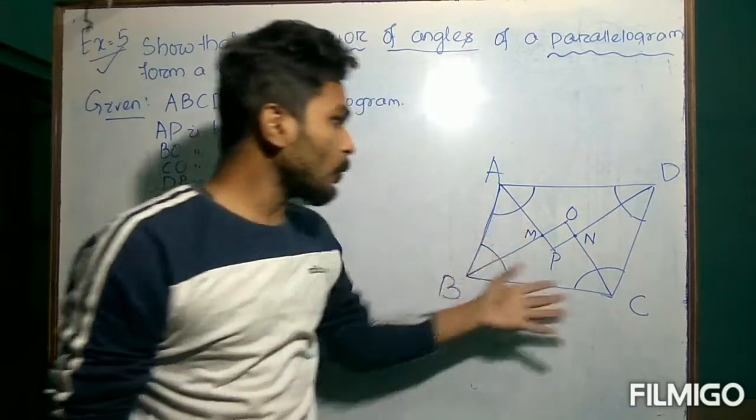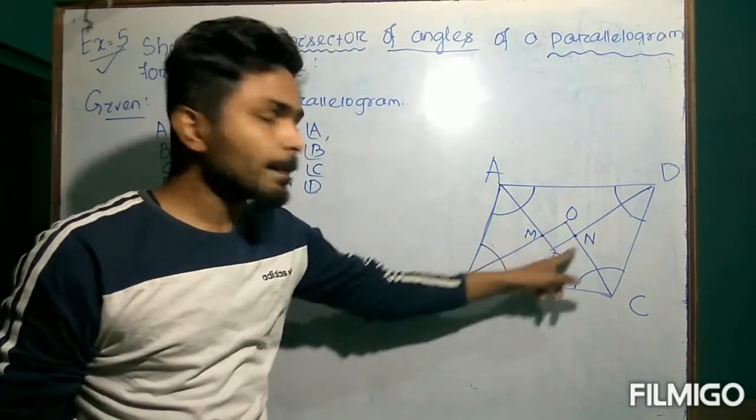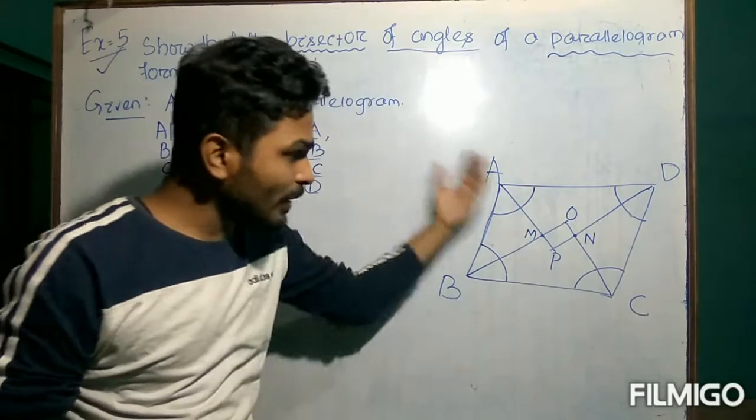Now, after drawing these four angle bisectors, we have a quadrilateral inside this parallelogram.